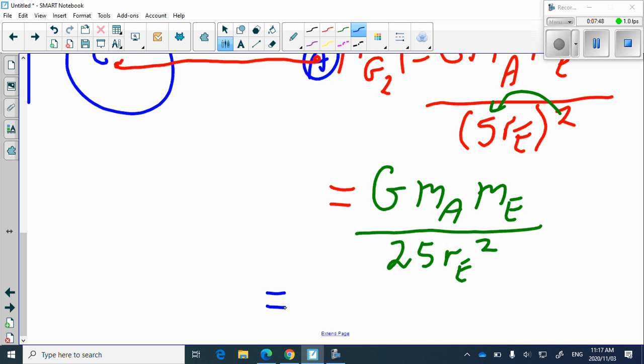Well, I don't know if you know this, kids, but dividing by 25 is the same as multiplying by 1/25. That's like saying dividing by 2 is the same as multiplying by a half. Dividing by 3 is the same as multiplying by a third. Are you guys okay with that?